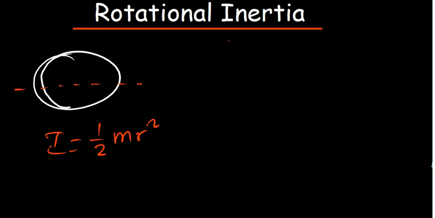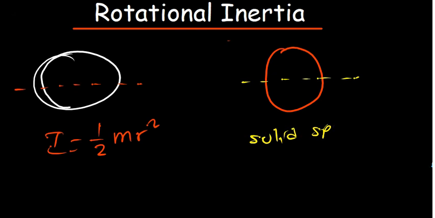Then let's say you have a sphere. If this is a solid sphere, the inertia of a solid sphere is given by 2 over 5 mr squared.